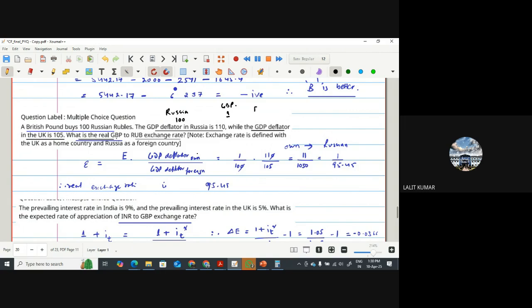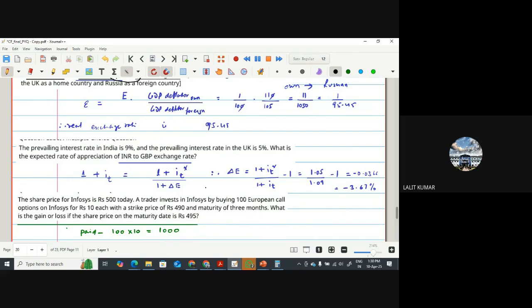So the exchange rate has become 1 by 100, because they are asking the real Great Britain to ruble exchange rate. Therefore, E will become Russia's deflator, which is 110, divided by Great Britain's deflator 105, into 1 by 100. The exchange rate will come.